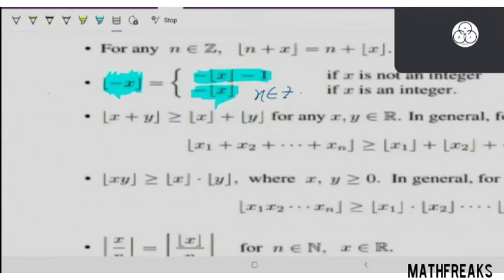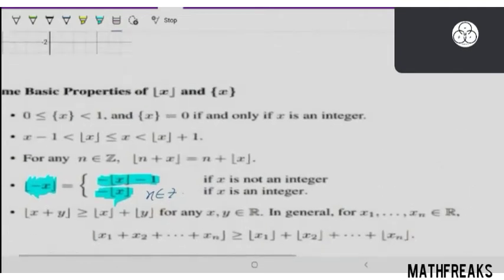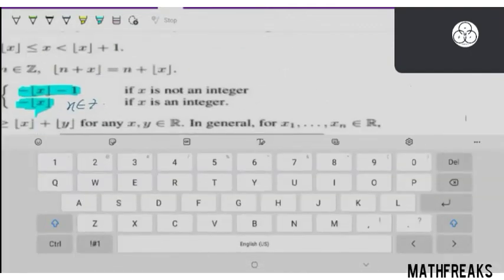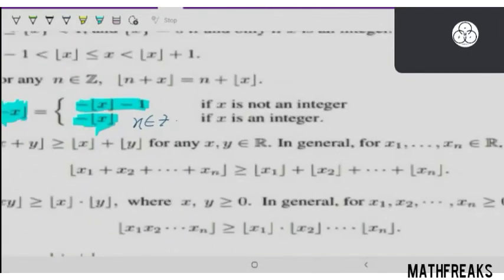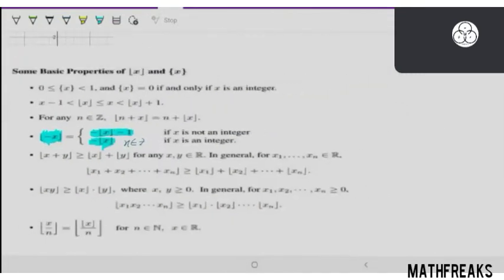And this is the famous triangle inequality. Just write it down properly. All of these are equally important.